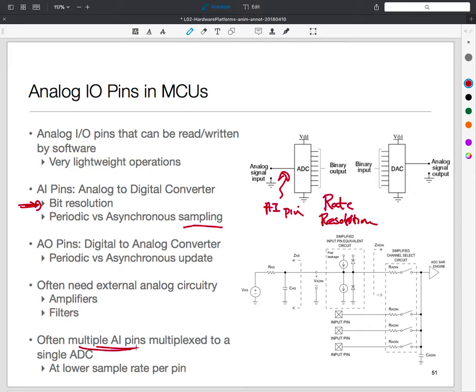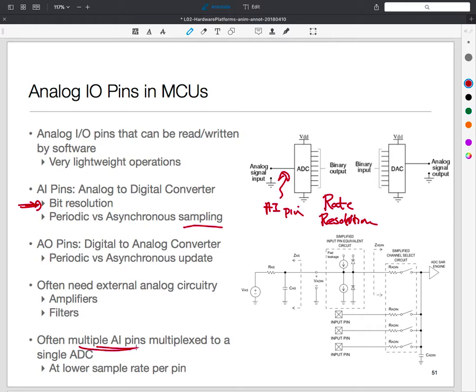Now, with DACs, you cannot multiplex, because they are driving an analog signal output. So if I have 2 analog output pins, then I will need 2 DACs. And that's why you will typically see that the number of DACs available is very few.